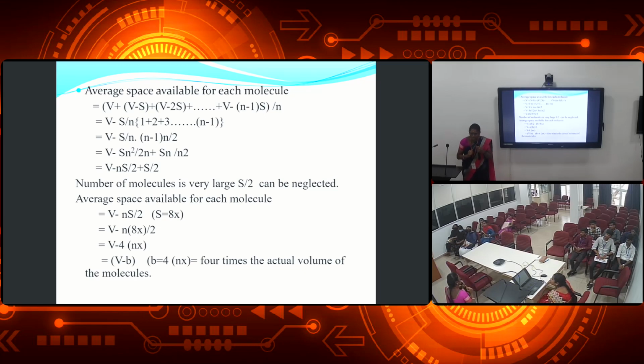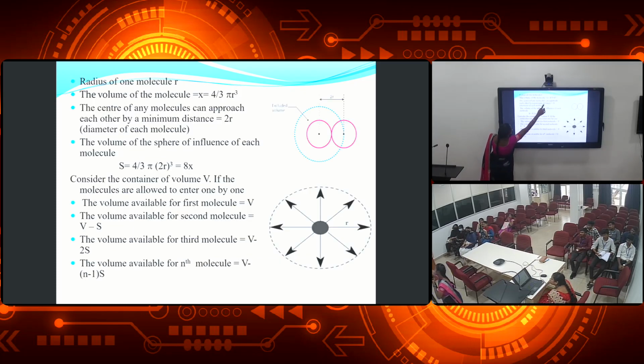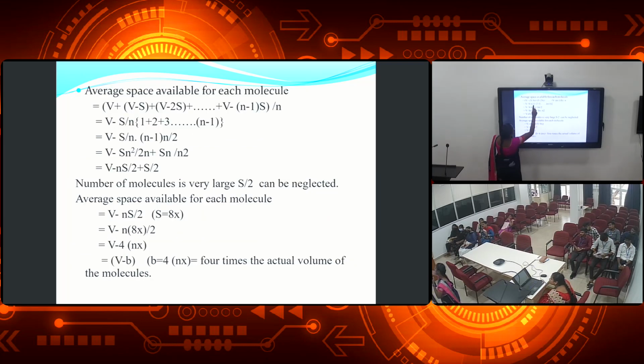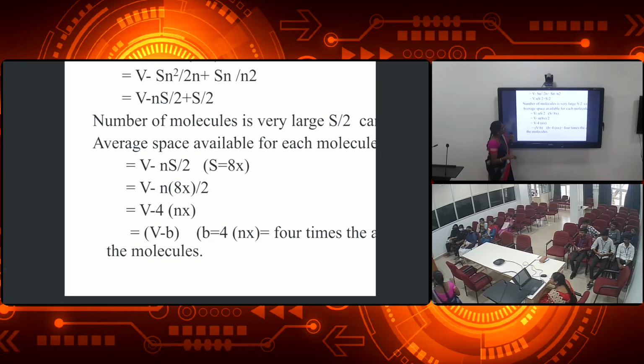What is the formula for this? n into n minus 1 divided by 2 factorial, and 2 factorial is 2. So 1 plus 2 plus 3 up to n minus 1 is n into n minus 1 by 2.